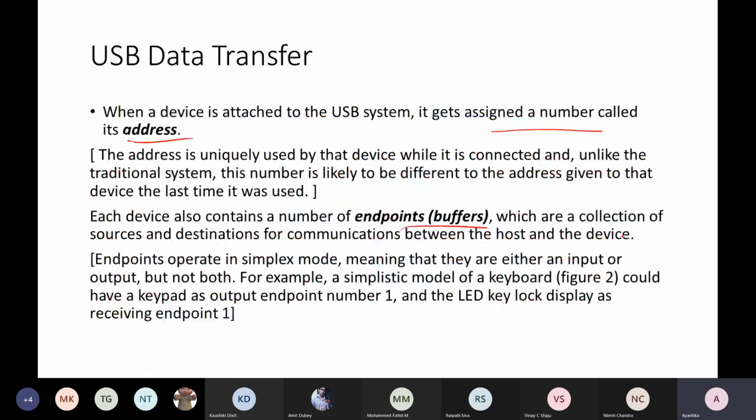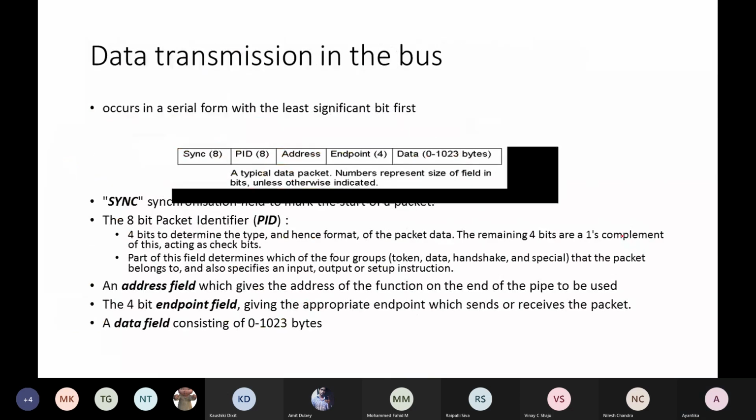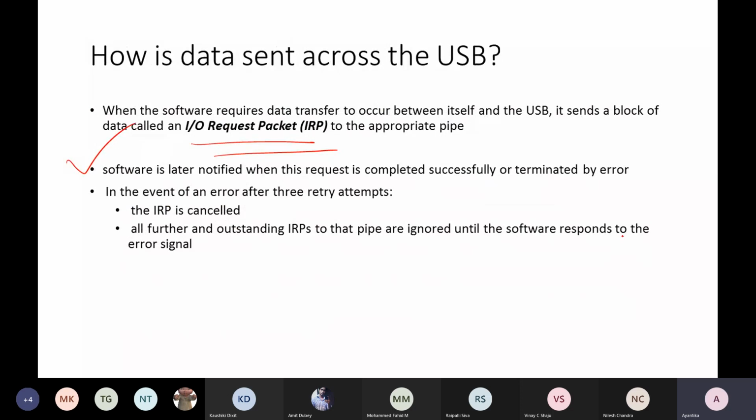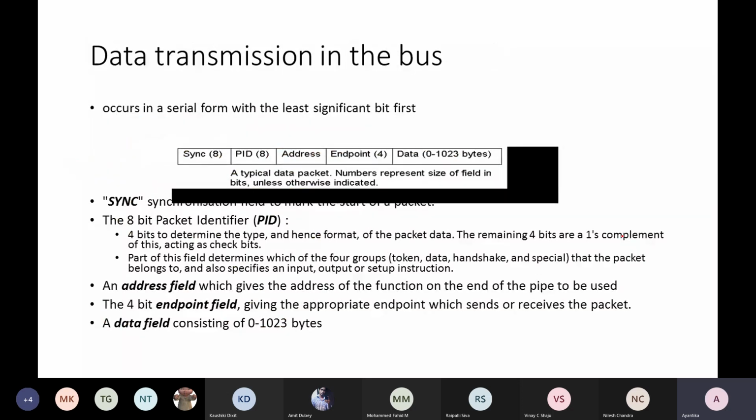Now coming to this part. USB is getting that request, as we mentioned, this IO request block. Now, what does it mean, IO request packet?